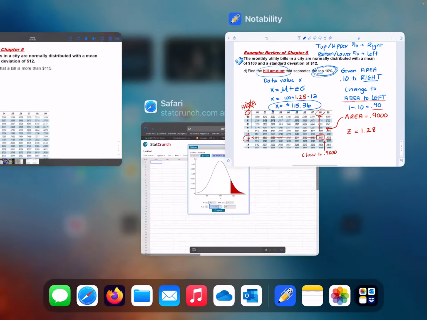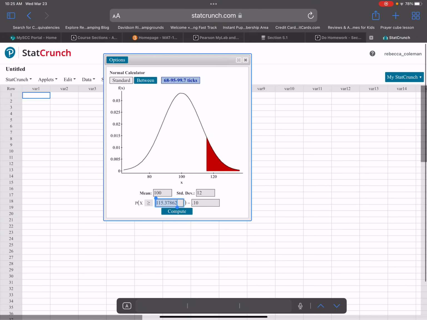All right, and then one last note, I didn't have this in the review problems, but you can use the normal calculator even if you're given an area in between. So let's say we wanted to look at like the middle 50%.